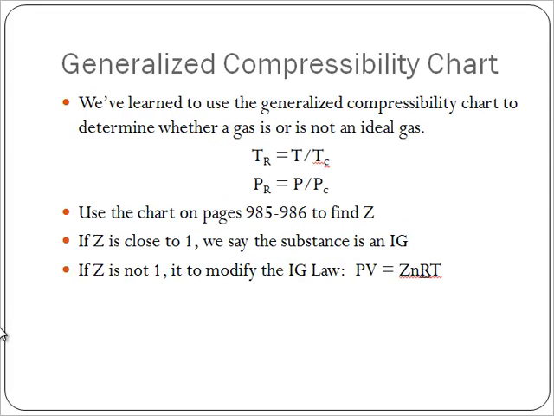Now let's next look at the generalized compressibility chart. Now we've actually already done this in the earlier course, but it's time to come back to this. Remember, the generalized compressibility chart was the one where we had a graph of Z versus pressure for various temperatures.